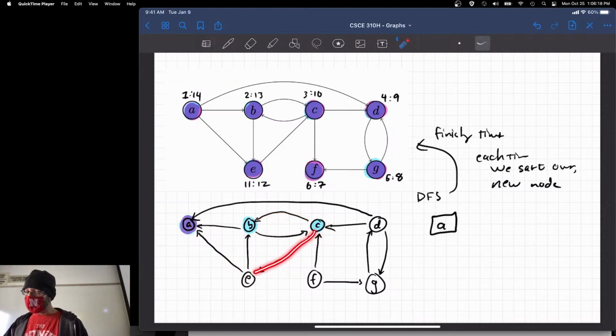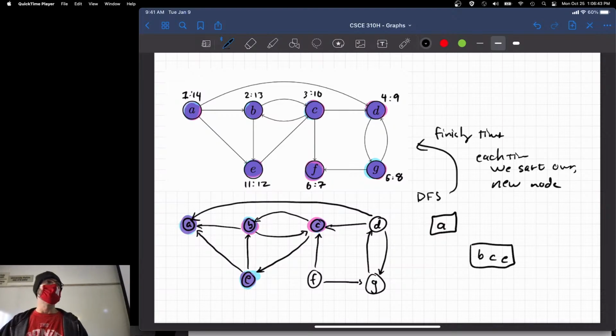And my only other choice here is to go to E, at which point I start backtracking. There we go. Backtrack. There's no other option here at C, and I backtrack, backtrack. B, C, and E, right? I would have to start the DFS over at this point. So B, C, and E are all one component.